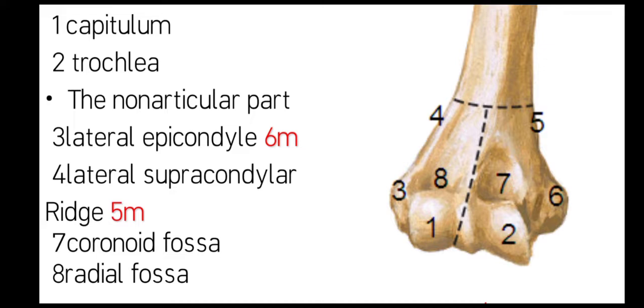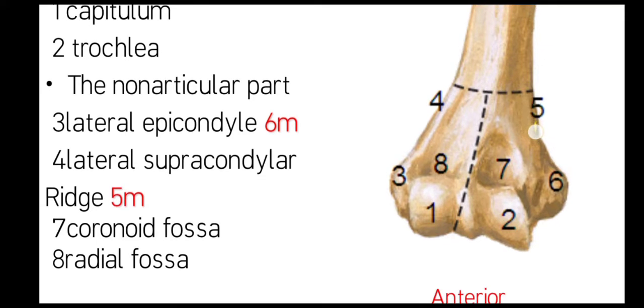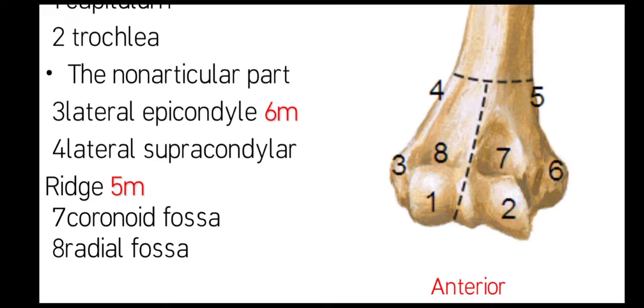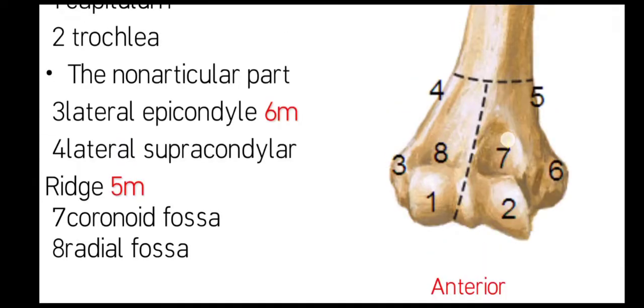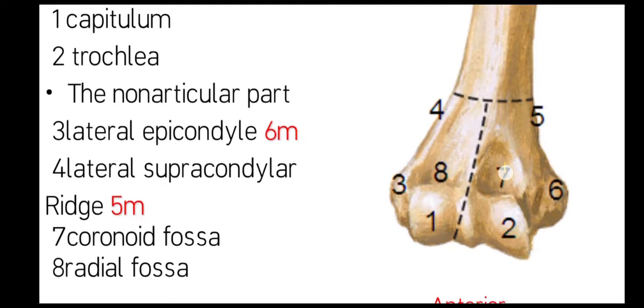On the lateral side, it is the lateral supracondylar ridge, and on the medial side, it is the medial supracondylar ridge. Now the important structures here are the radial fossa and the coronoid fossa.